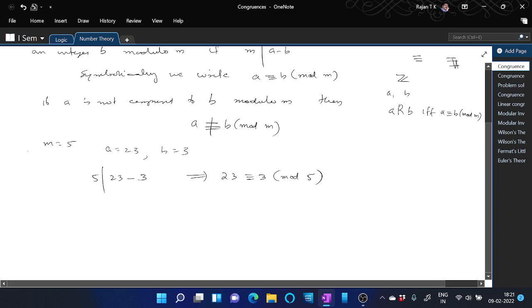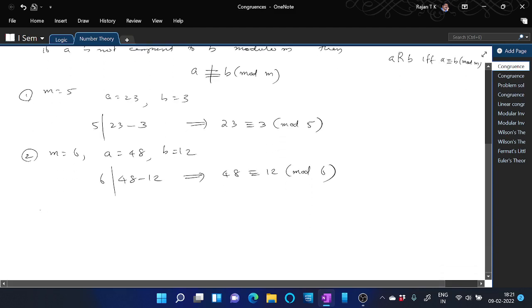Similarly, suppose m is equal to 6, a is equal to 48, b is equal to 12. It is very clear that 6 divides 48 minus 12, which is 36. 6 divides 36, and therefore 48 is congruent to 12 mod 6.